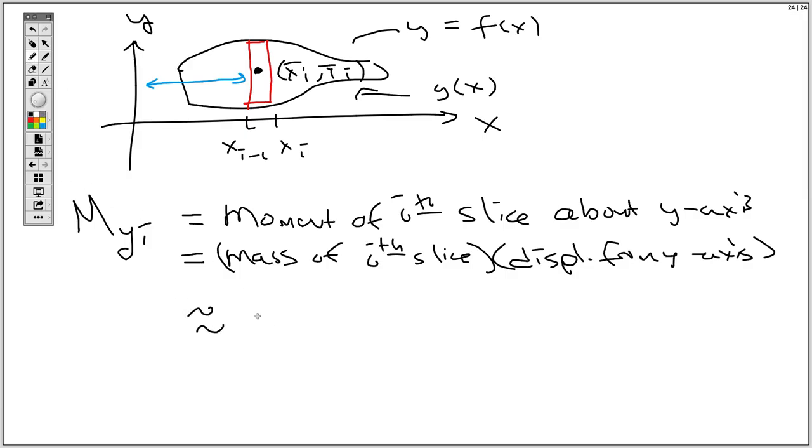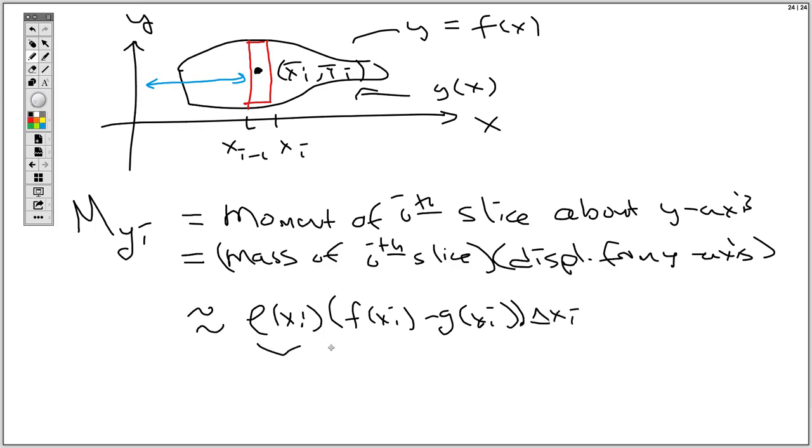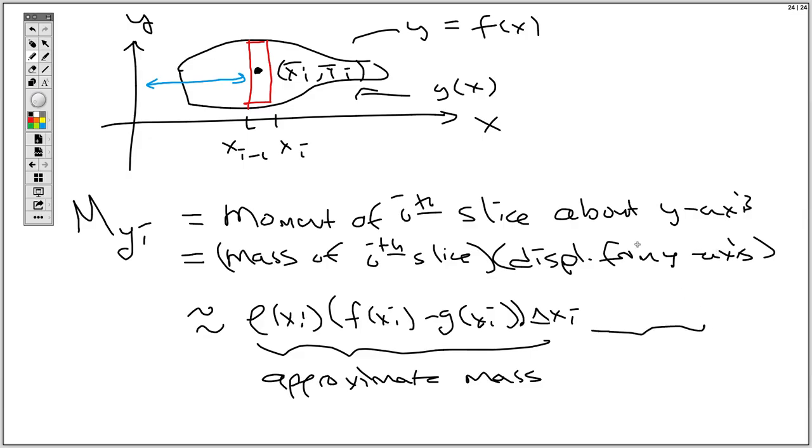Well, we did that already. That was rho of x sub i times f of x sub i minus g of x sub i delta x sub i. So that was the approximate mass. That's what we did just a couple minutes ago. You take the density times the area.